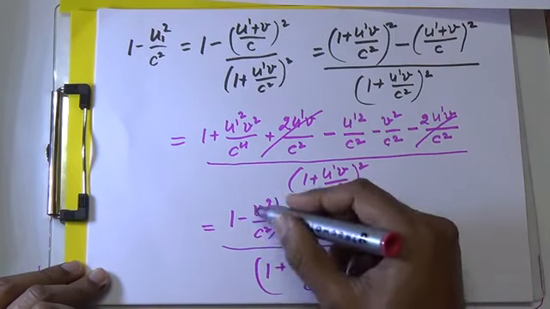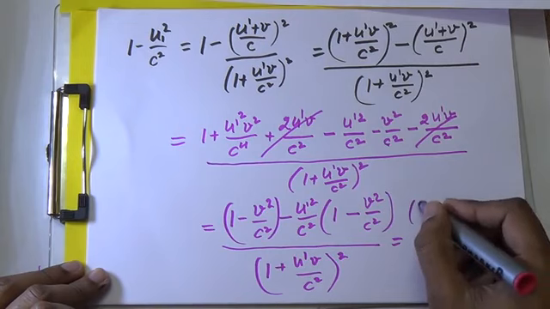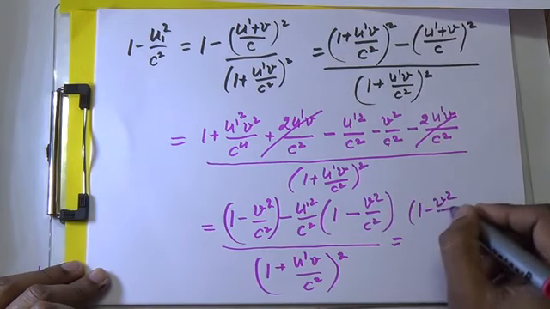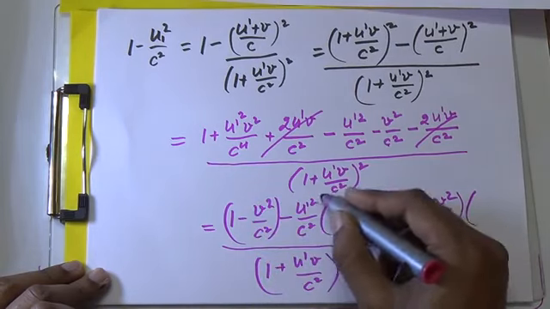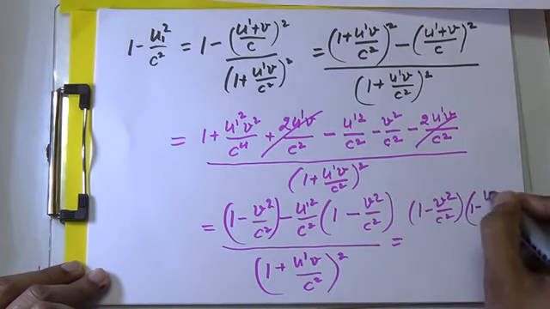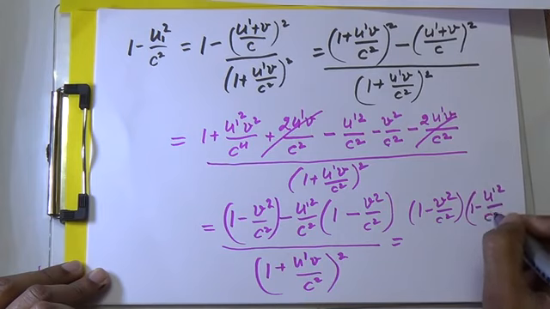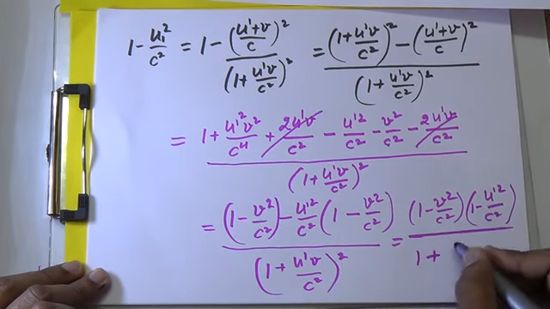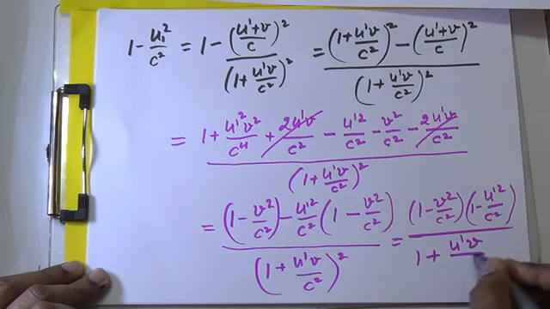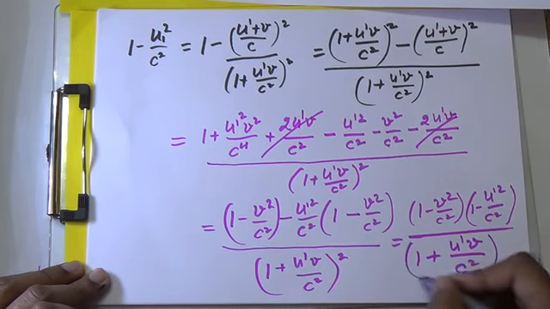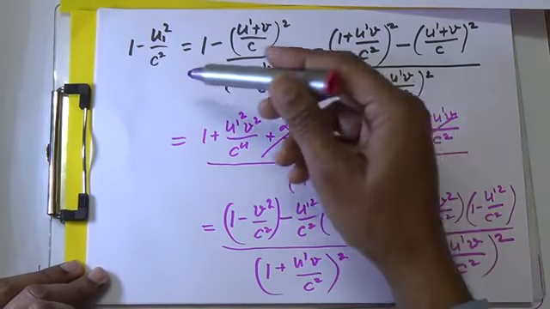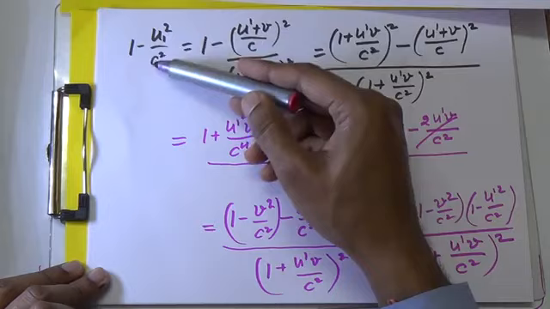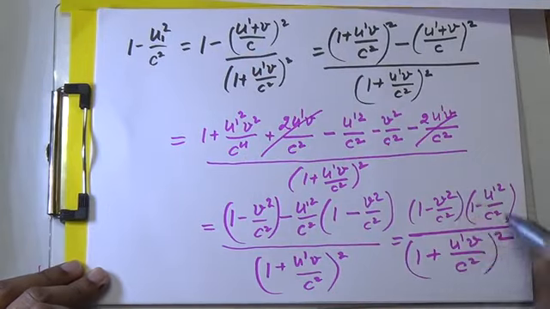And from this you can say this is 1 minus v square upon c square, and now 1 minus u prime square upon c square, divided by this 1 plus u prime v upon c square whole square. So this is the simplification of this term, 1 minus u1 square upon c square is equal to this one.